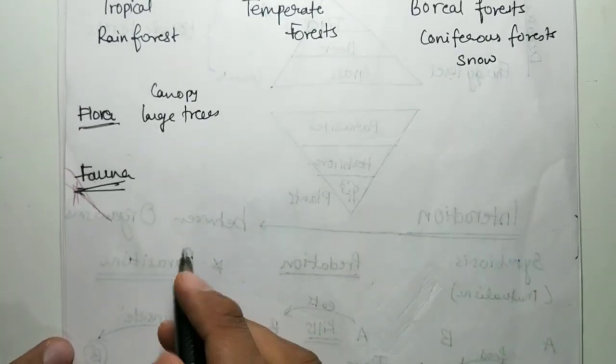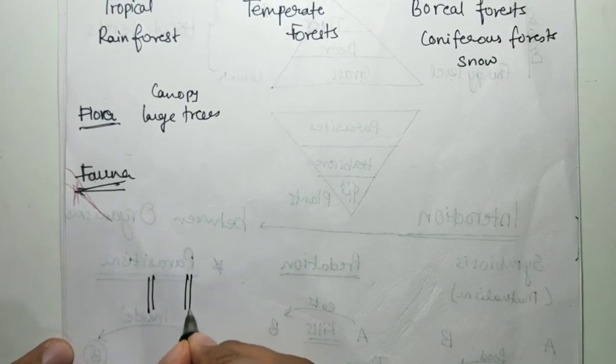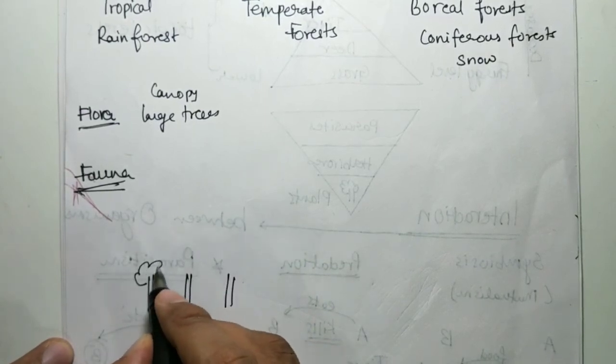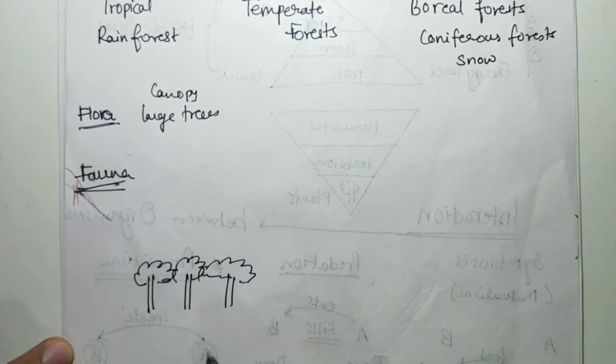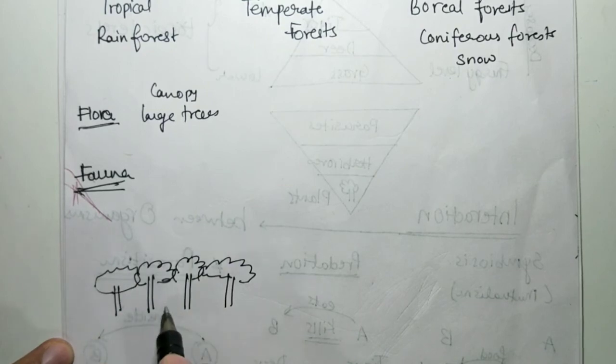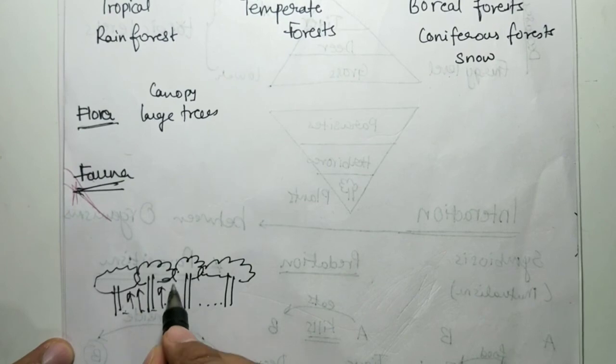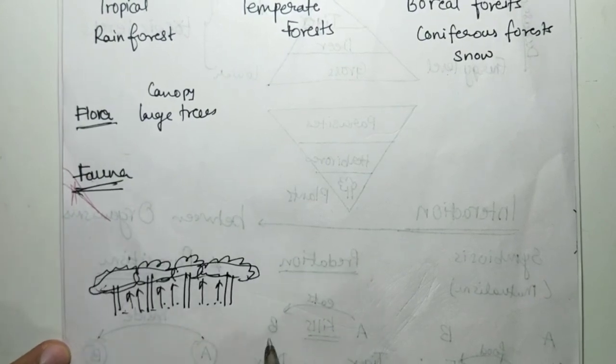For example, if there are continuous trees like this, someone who is standing here will not be able to see the sky because it is entirely covered by this dense forest. This is called a canopy.